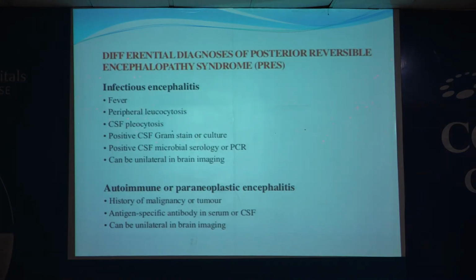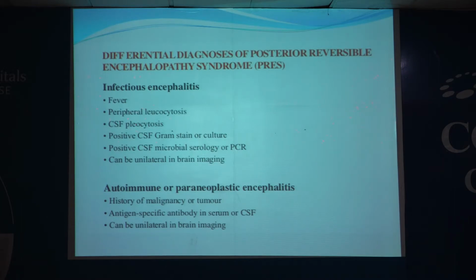Now we have to consider differentials for this. So when such an image will be seen on MRI, we should consider other differentials like encephalitis. It can be infectious encephalitis, and only way is to correlate with clinical findings and lab findings. Like for example, in infectious encephalitis, we can see fever, peripheral leukocytosis, which are all not seen in cases of PRES.